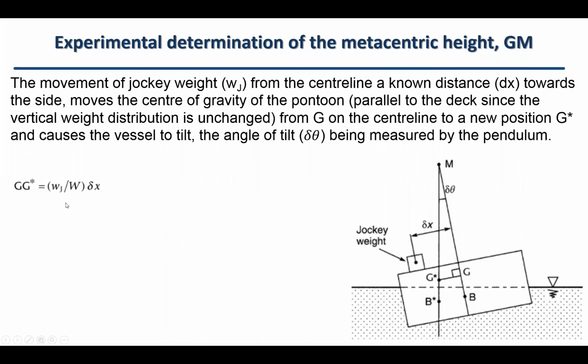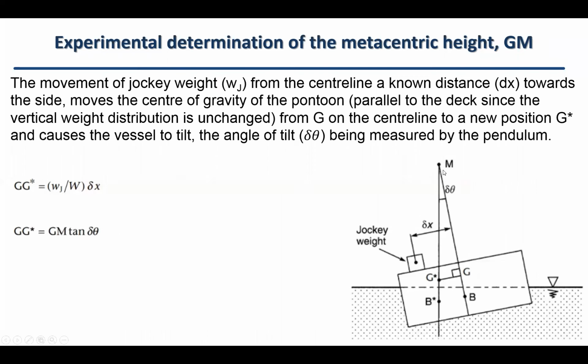If the total weight is capital W, then WG, the weight of the jockey weight, times delta X, where delta X is the lever arm, is equal to GG star times capital W. If we rearrange, GG star is the ratio of WG, the jockey weight, over the total weight, times delta X. Delta X is the lateral movement or displacement of the jockey weight.